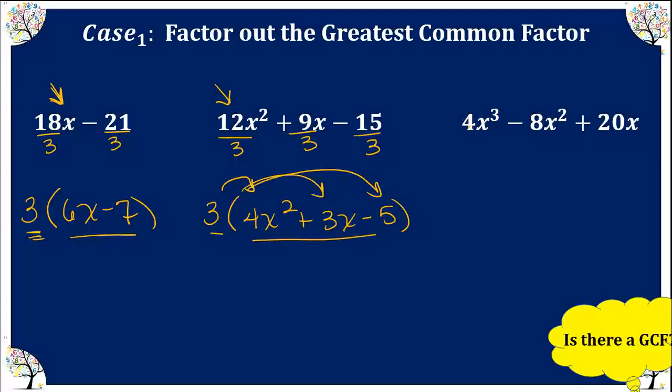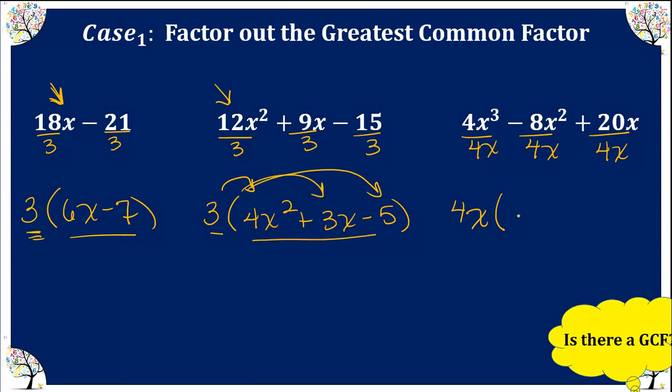In our last example, I noticed that 4 can divide evenly into each of these terms, as well as x. There is at least x to the 1 in each of these terms, so I'm going to factor out the x. 4x is the GCF. 4x is one of the factors of this polynomial.